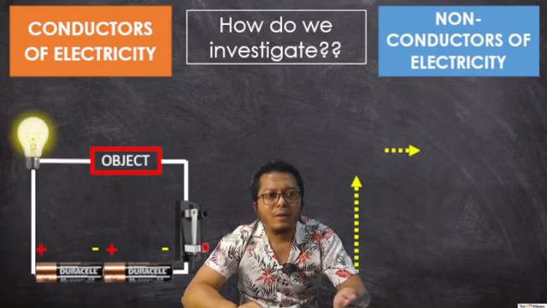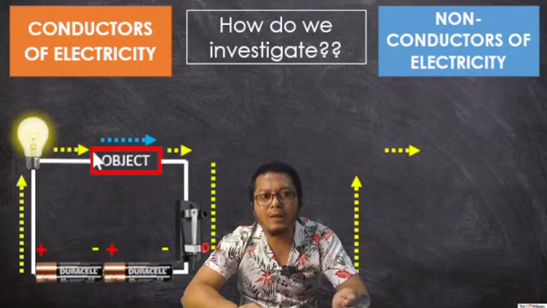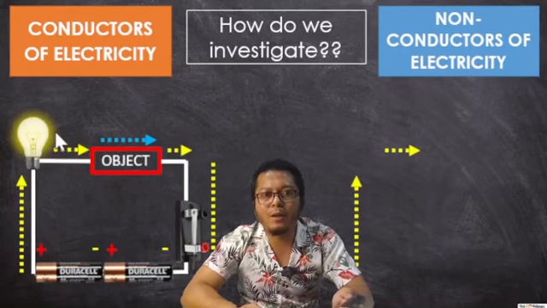Later. For a conductor of electricity, it will allow electricity to pass through it from the positive terminal through the light bulb, passing through the object back to the negative terminal, and the light bulb will light up. Okay?